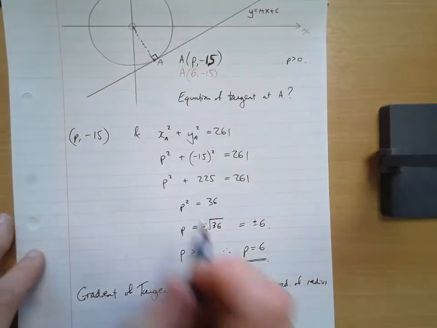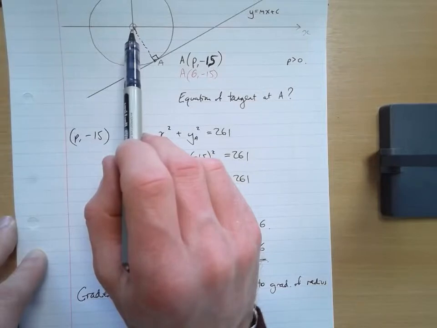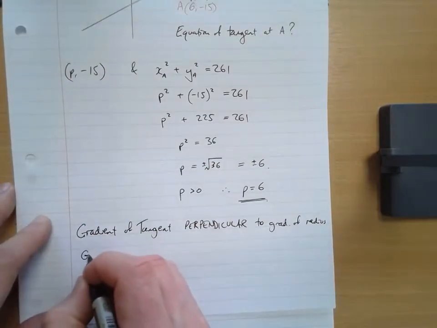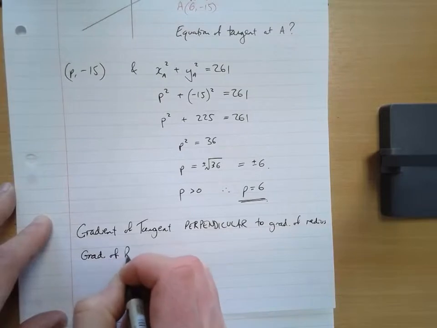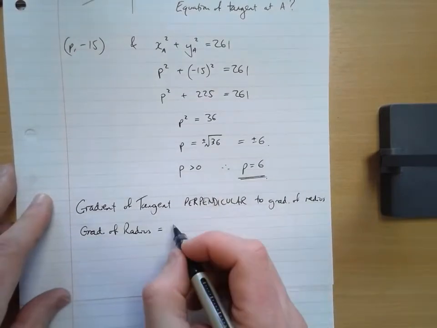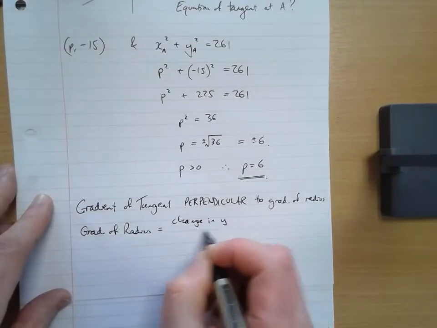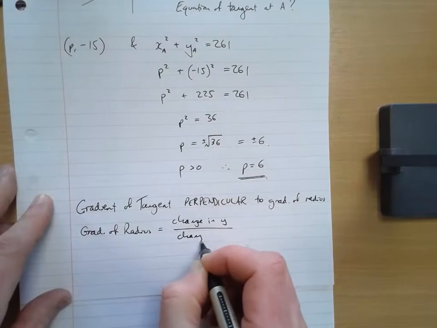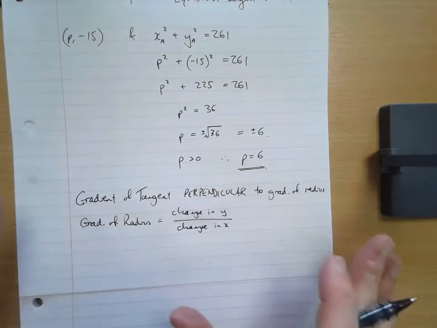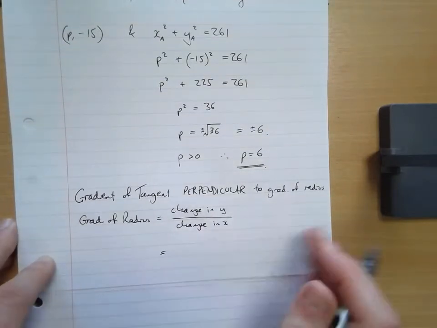So what's the gradient of this radius? Well, from 0, 0, we've gone to (6, -15). So the gradient of the radius is, however you look at it, some sort of change in y direction divided by change in x. You may know a formula already for this, but you should at least know that fact. So what's the change in the y direction?